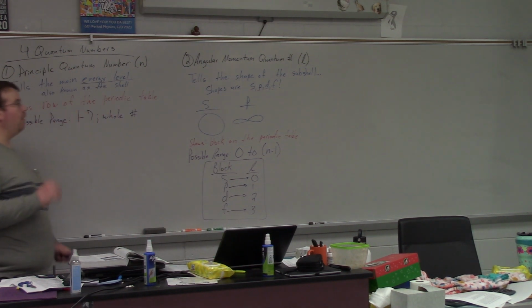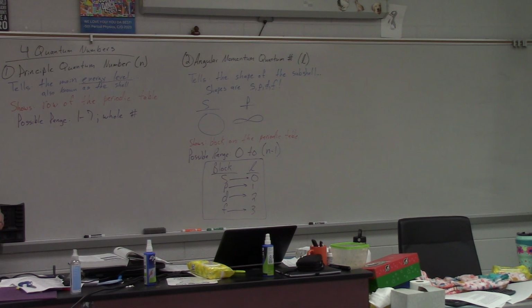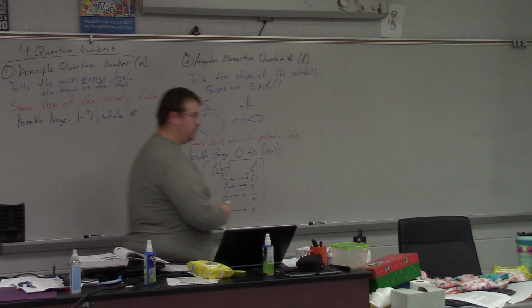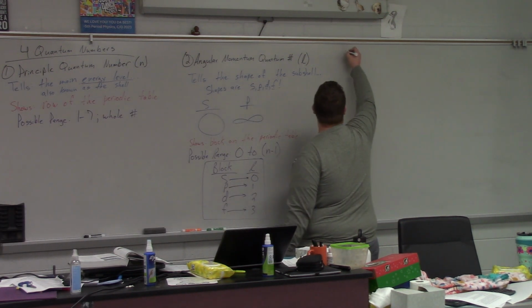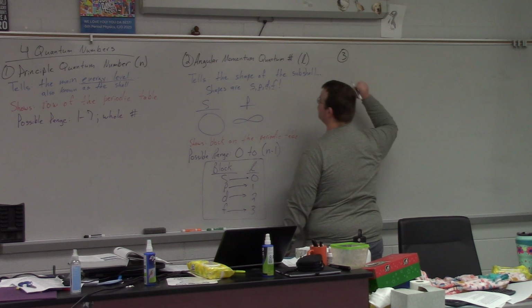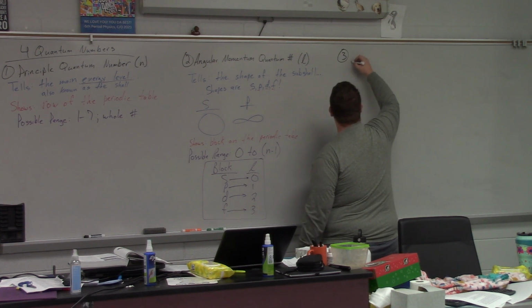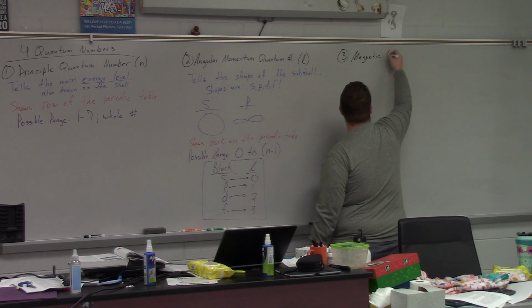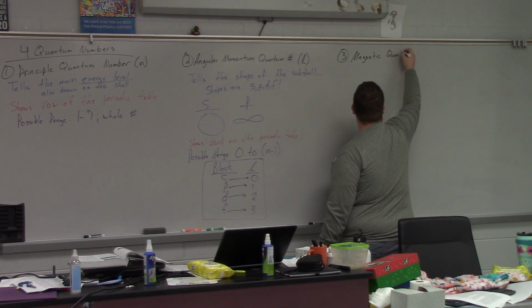Oh, really? Now, I'm afraid we're going to step from the angular momentum quantum number. We're going to the third quantum number. The third quantum number is the magnetic quantum number. This is my favorite one.